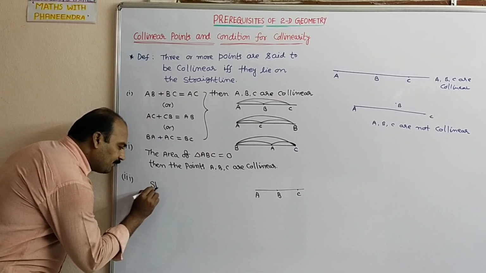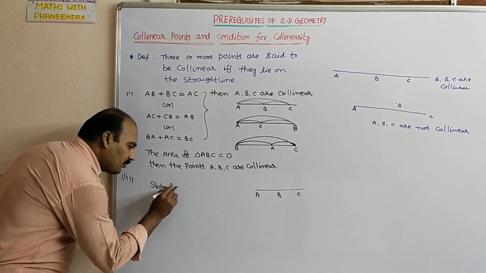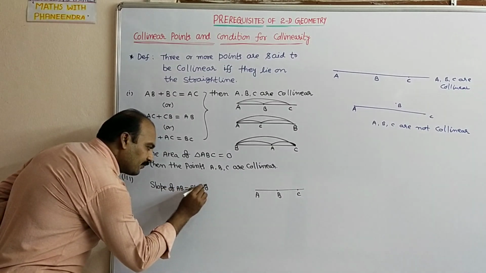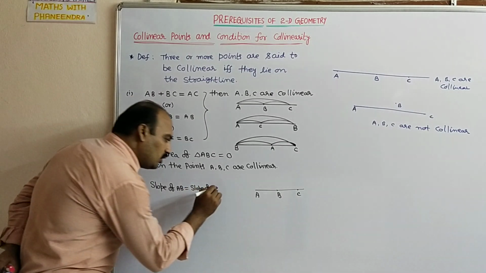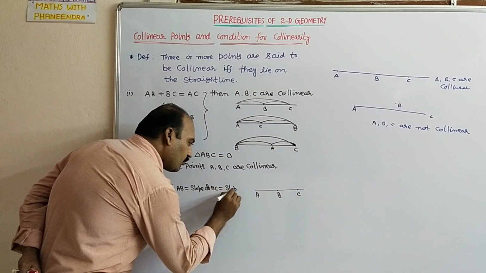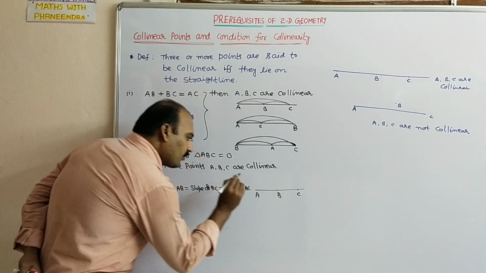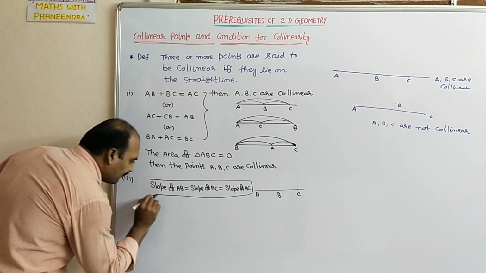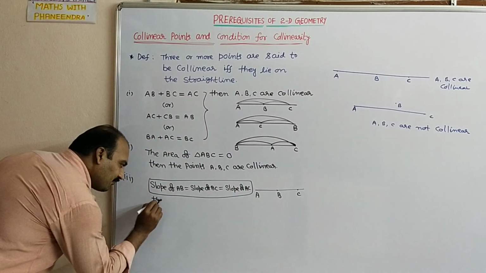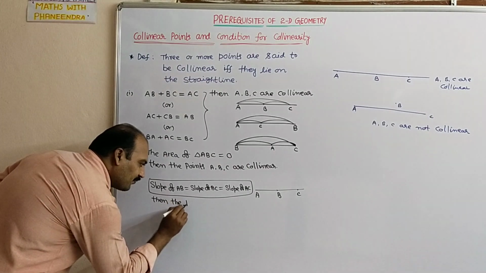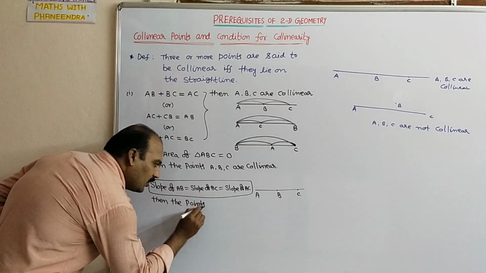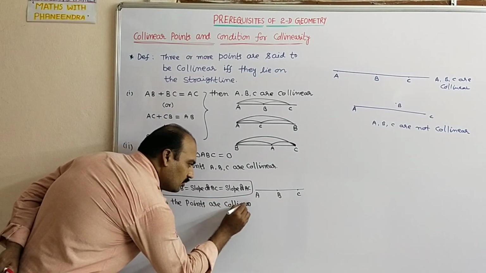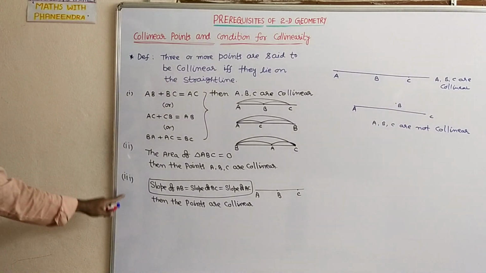Slope of AB is equal to slope of BC, which is also equal to slope of AC. So whenever all the slopes are equal, then the points are collinear. This is the third category.